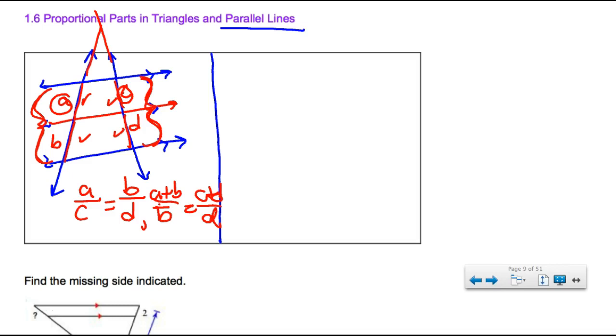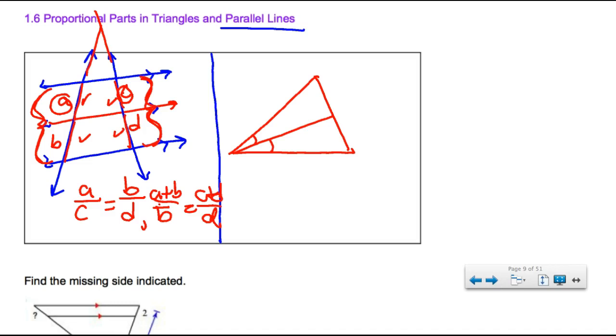So let's go take a look at the other picture that we're going to be dealing with. Let's go throw a triangle out here. And let's suppose I bisect this angle so that this one is the same as this one.